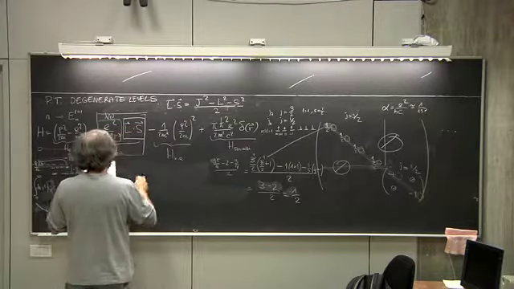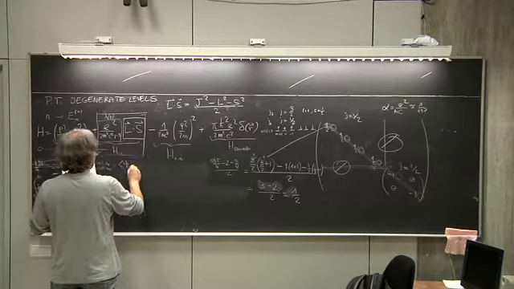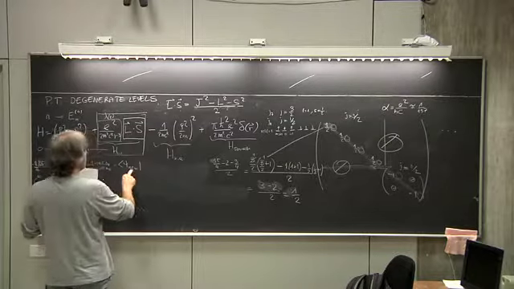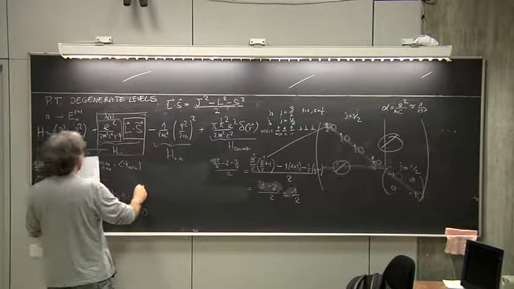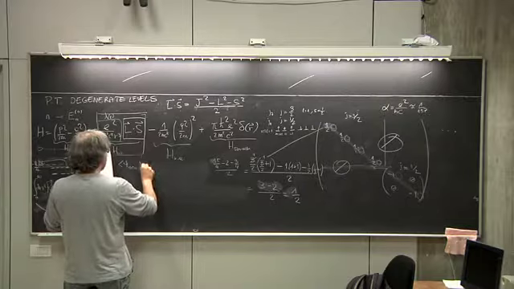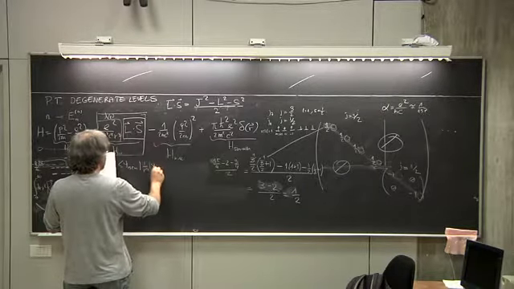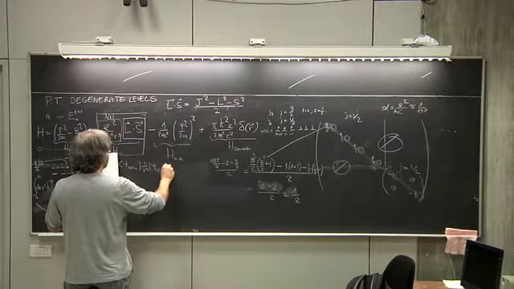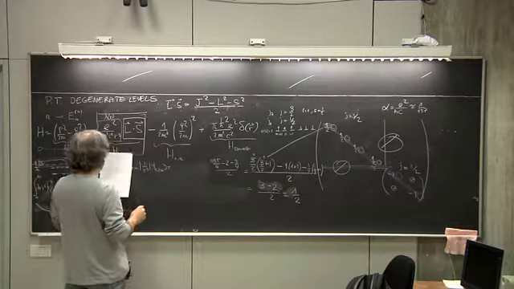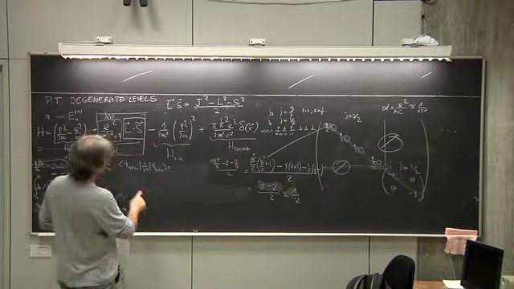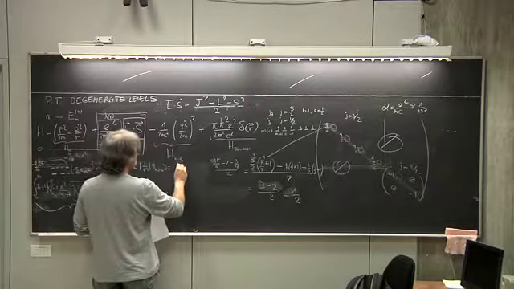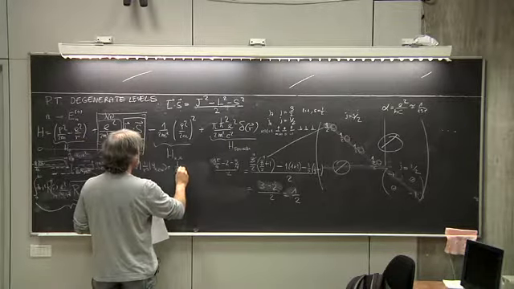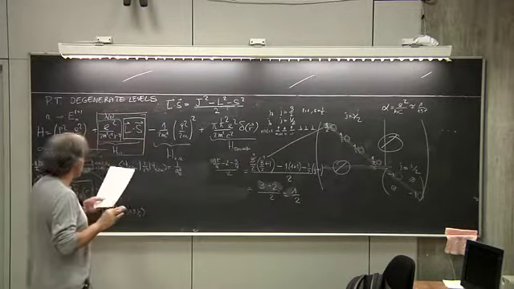So, for instance, psi n L m. I write it for the general L m. 1 over r squared of psi n L m is equal to, well, dimensions first. This is 1 over a length, so it should be 1 over ball radius cubed, for sure.